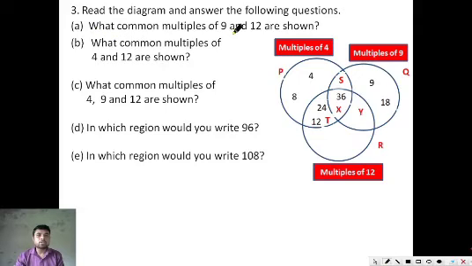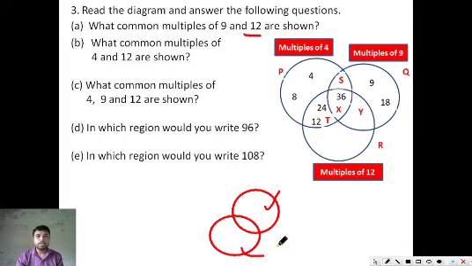Now come to the question. What common multiples of 9 and 12 are shown? Common multiples. That means some multiples of 9 and 12 are common. In this diagram you have to see. In circle Q there are all the multiples of 9, and in circle R there are multiples of 12.